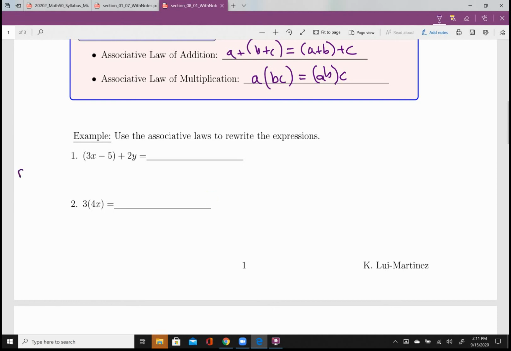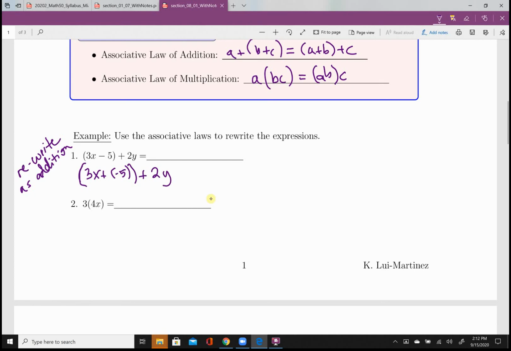So rewrite as addition. It's going to be my note here. We have 3x plus negative 5. So you're going to have multiple grouping symbols here, an outer parentheses and an inner parentheses, and that's fine. It's 2y.